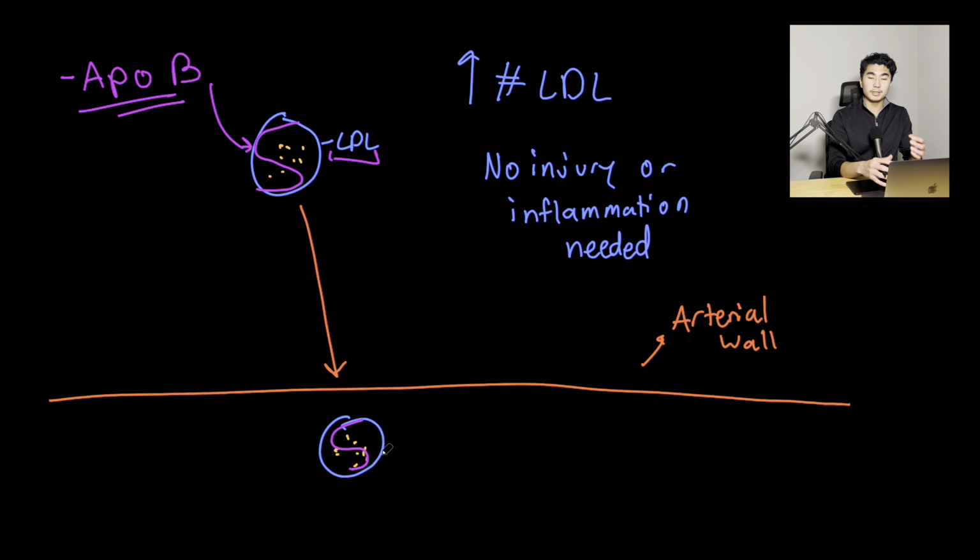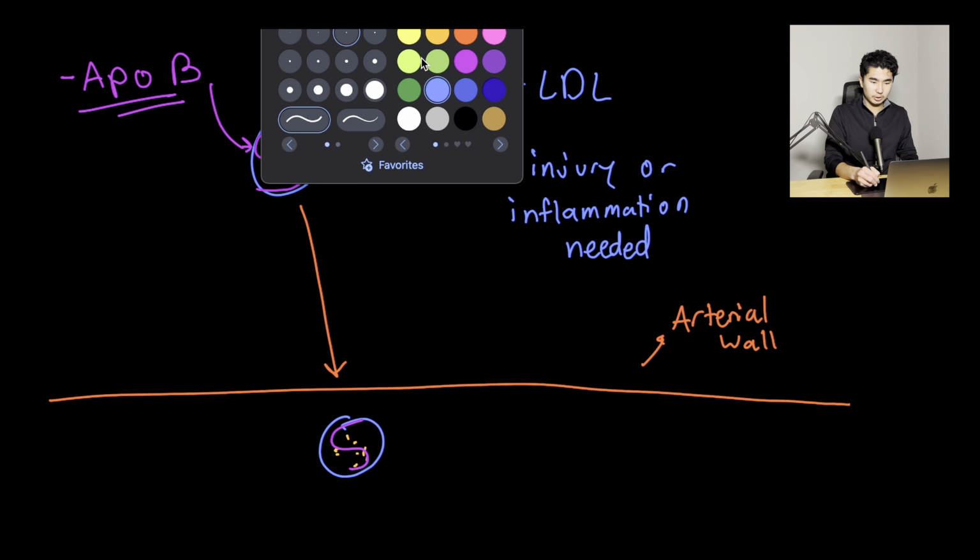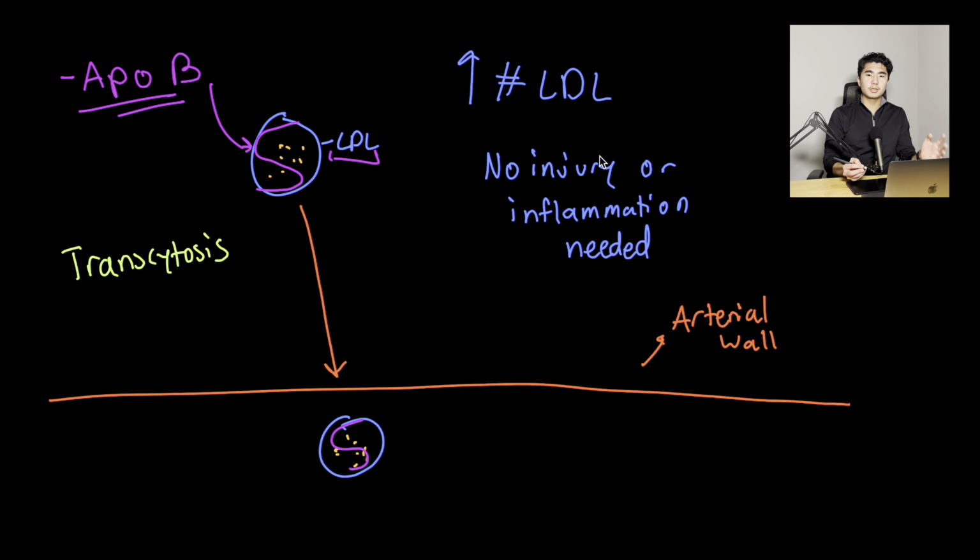But when these LDLs, with those Apo-Bs, get into the arterial wall, they can increase inflammation. Now, you may be wondering, how do these LDLs actually increase inflammation? Because we know that they can go by transcytosis. So let me actually write that real quick. Transcytosis is a way that these Apo-Bs can go inside the arterial wall.